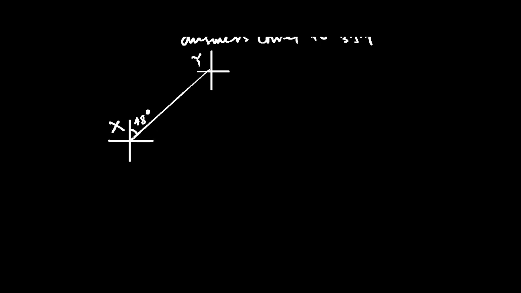So this is city X here. Am I making sense now? So the distance from city X to Y is 200 kilometers. Are you following? So this angle here is also going to be 48. Alternate angles are equal. So let's move on.